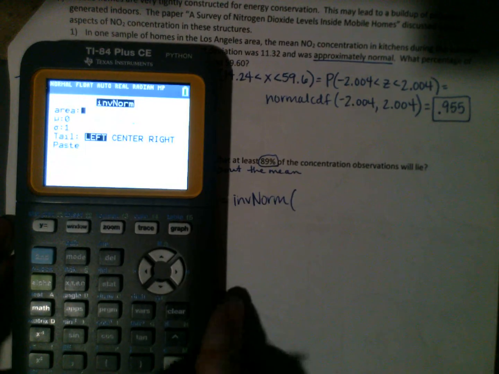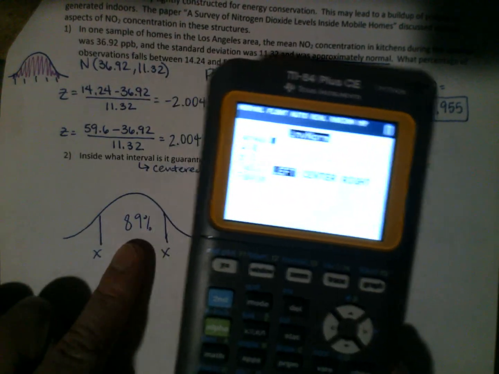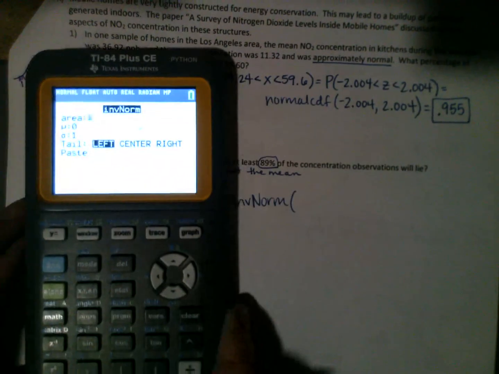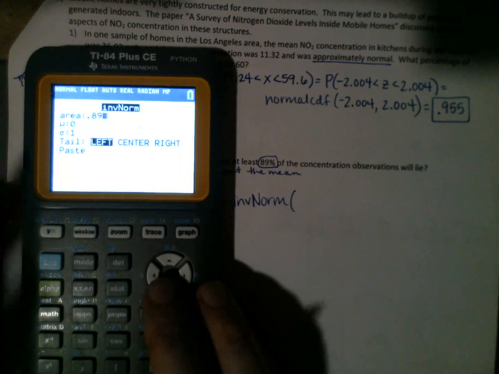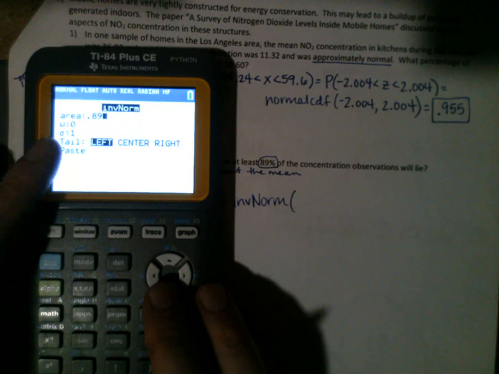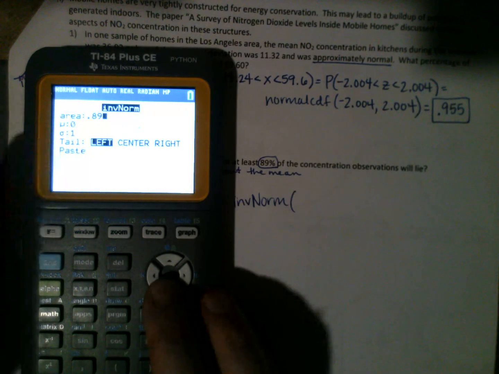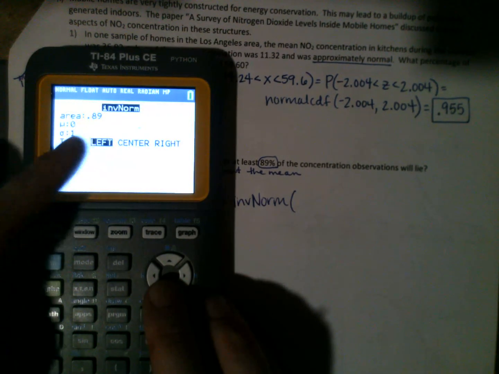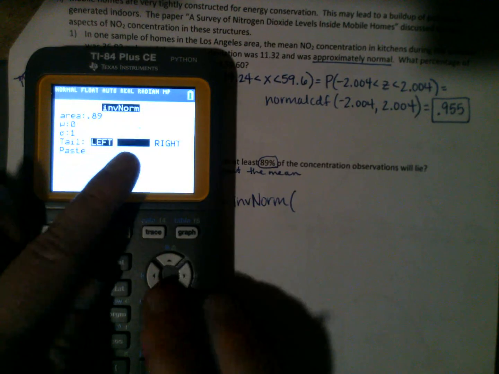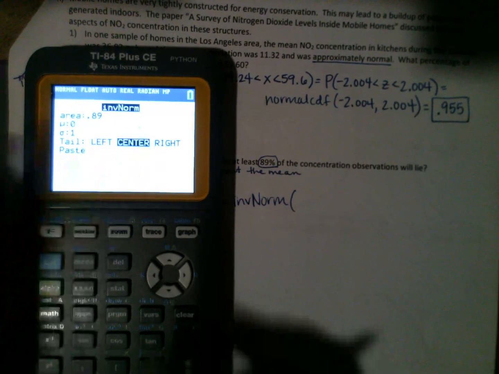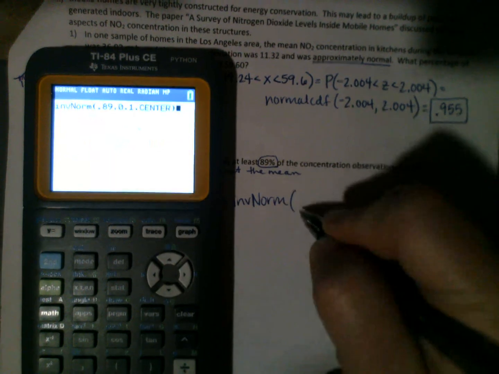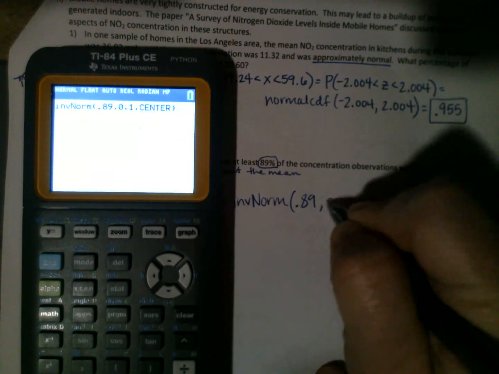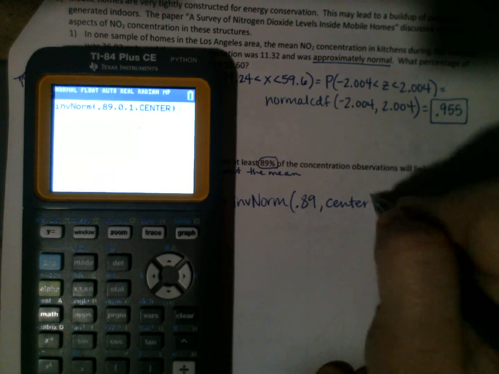And then I'm going to tell it the area that we know. We know an area of 89%, which I'm going to type in as 0.89. Remember, we leave our mean and our standard deviation as 0 and 1. And then that 89% is not the left, it's actually the middle 89%. So I'm going to paste that, and I'm going to remember to write it down. 0.89 center.